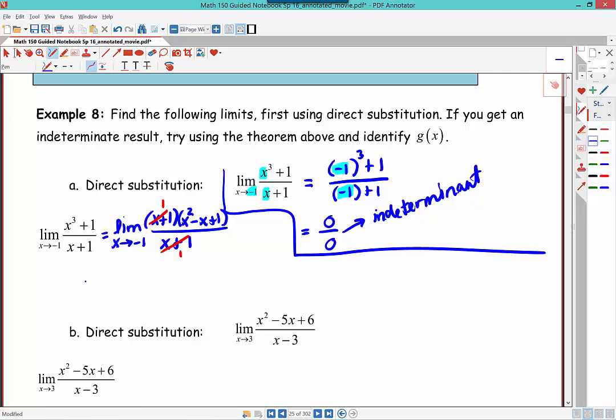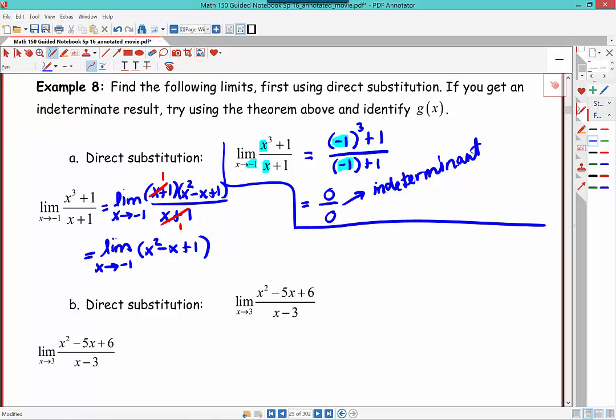So now we get the limit as x approaches negative 1 of x squared minus x plus 1, right? We're dealing with the limit. We're not rewriting the function. So basically, we don't have to worry about the excluded value of negative 1. So plug it in using direct substitution on this equivalent expression, except at one point. What's going to happen?